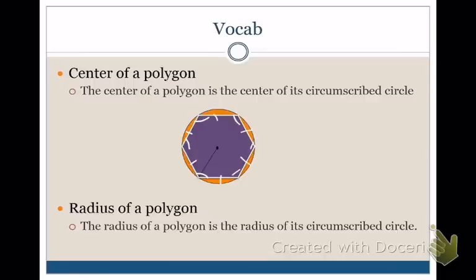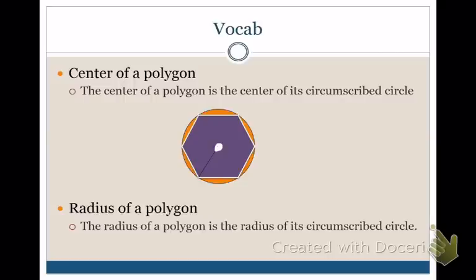Okay? If we do that, then the polygon starts to take on parts of the circle. For example, we know that a circle has a center. Well, since we've circumscribed this circle around the hexagon, that means the hexagon has a center here now. Okay?